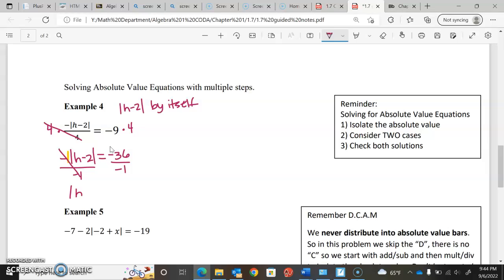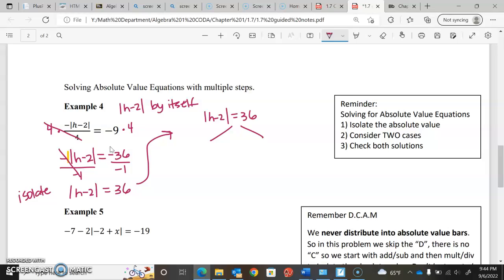Then the absolute value of h minus 2 equals positive 36. That's our first step right there, isolating the absolute value. Then from here, we can break it into our two cases.